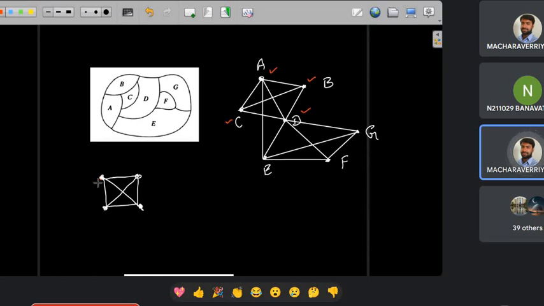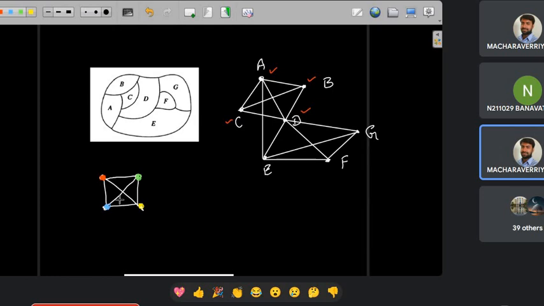We need 4, because you take any vertex here, it is incident with every other vertex in this graph. So therefore the minimum is 4. You had better identify such a block first. So the minimum colors required are 4.